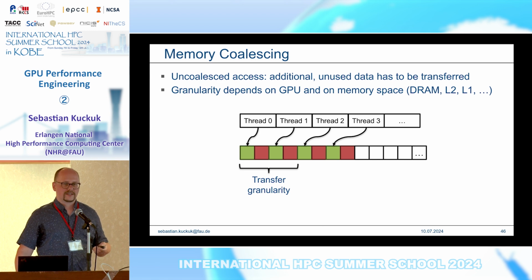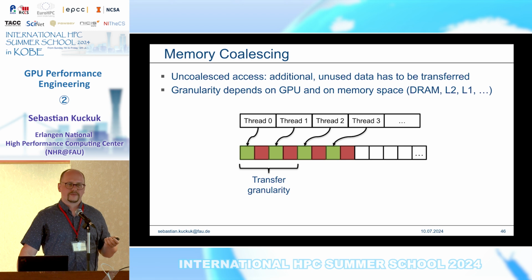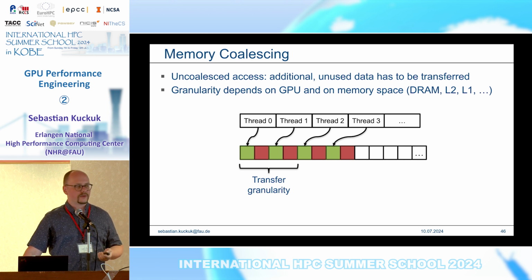And you transfer data, which you have to, because you have to transfer the whole chunk, which none of the threads in your team or thread block use. So in essence, you're still getting the same bandwidth, but you're using only half of the data you transfer. So how this shows up is, you get half of the effective bandwidth.